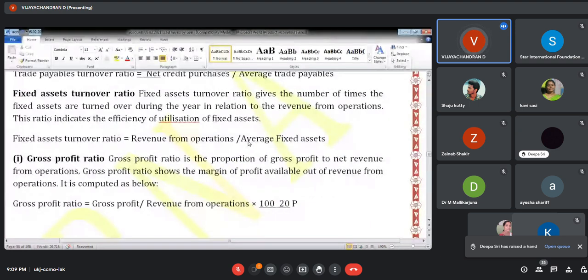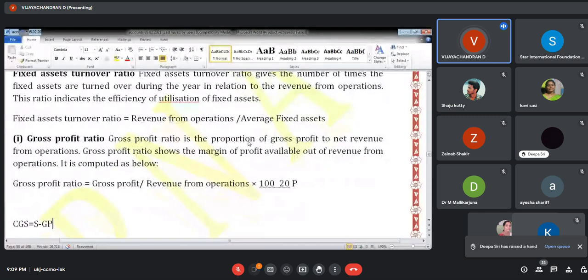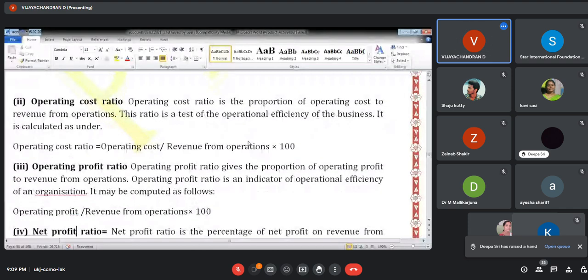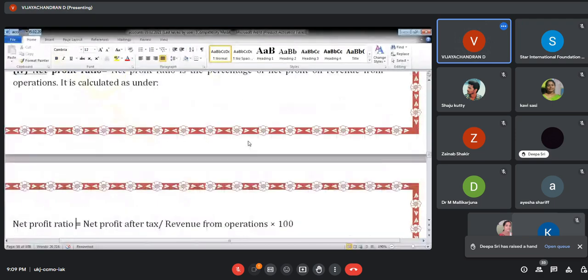Profitability ratio, yes, these are all okay. But in your examination, they will ask operating ratio. This is the operating cost ratio, but I'm asking operating ratio. Cost of goods sold plus operating expenses divided by sales into 100.